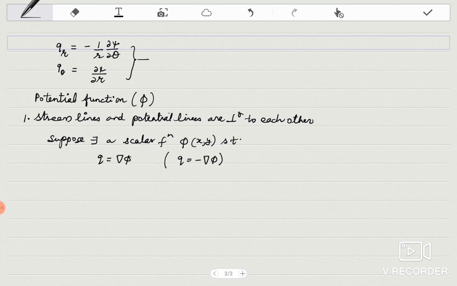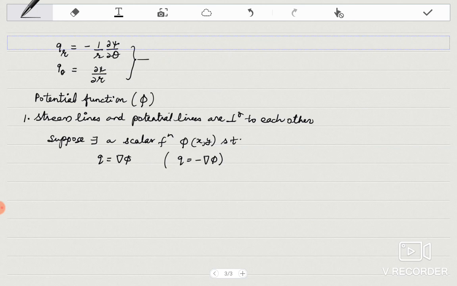Phi is a potential function, and when we write q is equal to gradient of phi, that simply means we are talking about flows in which we are describing our flow from low potential to high potential. And if I am writing the minus symbol, then it simply means that we are going from high potential to low potential.